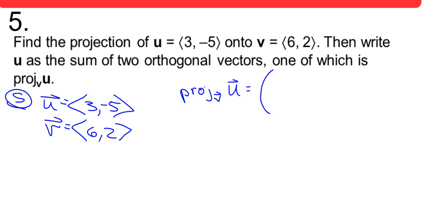From that previous slide, the definition, the way that we find that is u dot v over the magnitude of v squared, and then times that vector v. Oops, my lines are a little wavy right now.